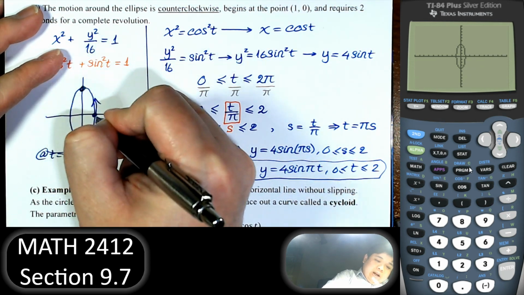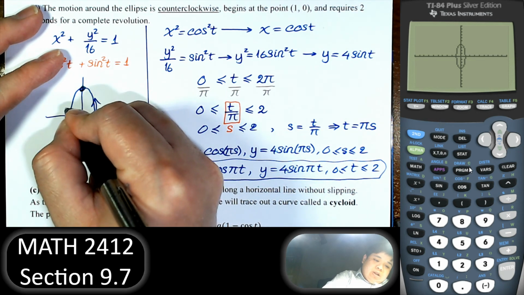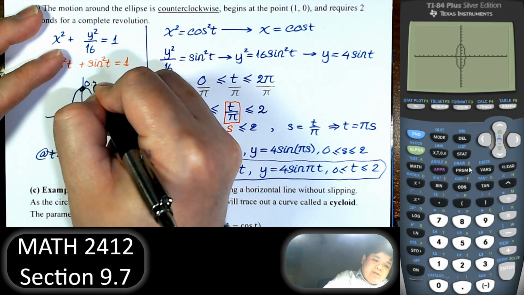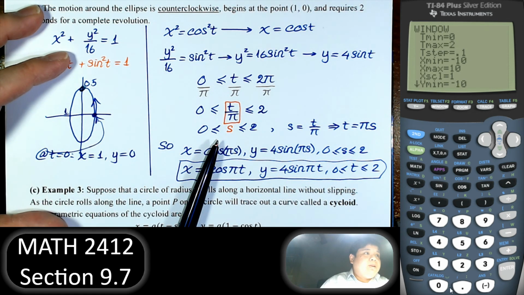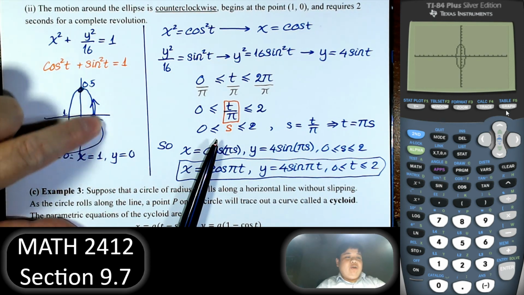Going back to here is 2, so 0. Back to here is 2, so 0, 1. Back here is 2, so this is 0.5. So if we want to graph it from 0.5 to 2.5, we start from this point going counterclockwise, and that gives one complete revolution.